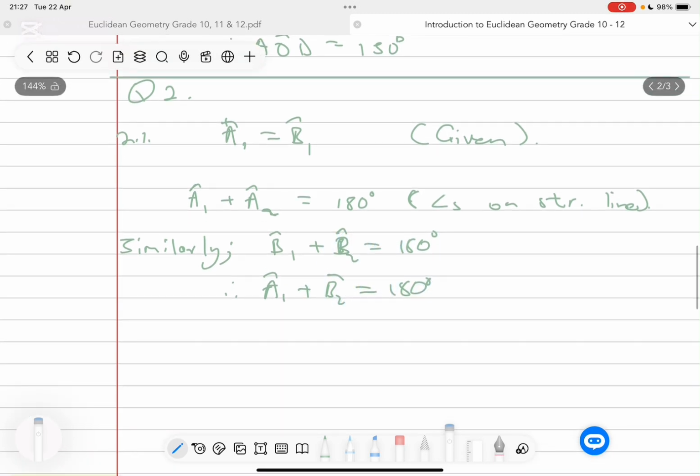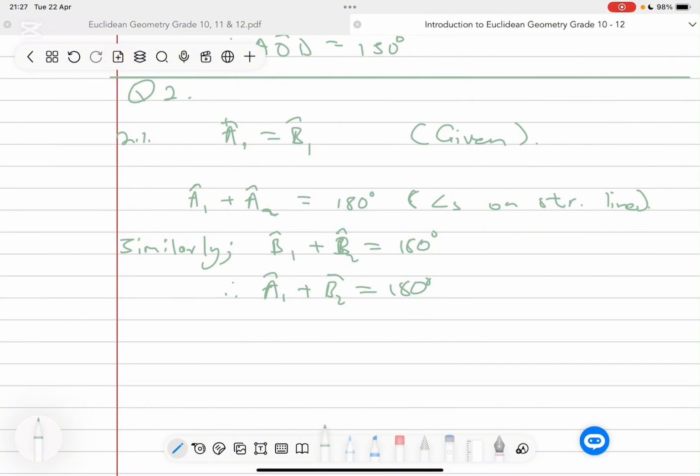Now you have to realize that these two statements, angle A1 plus angle A2 is equal to 180 degrees, and angle A1 plus angle B2 is equal to 180 degrees as well, are exactly the same. They both give us 180 degrees.